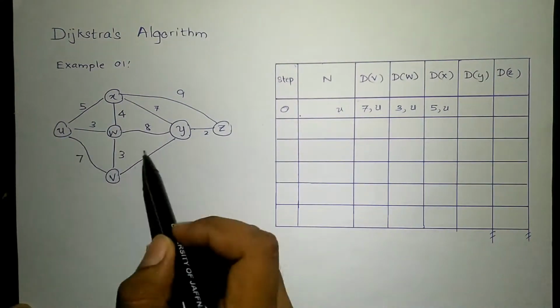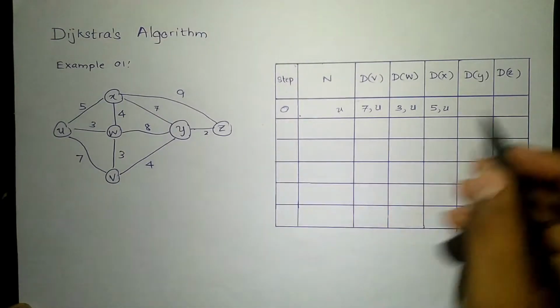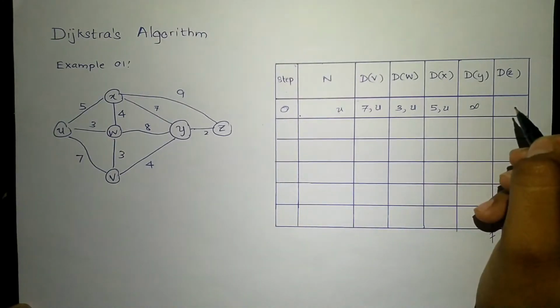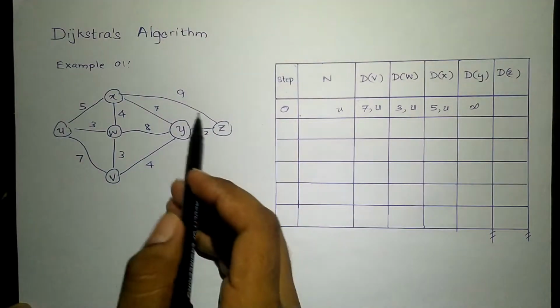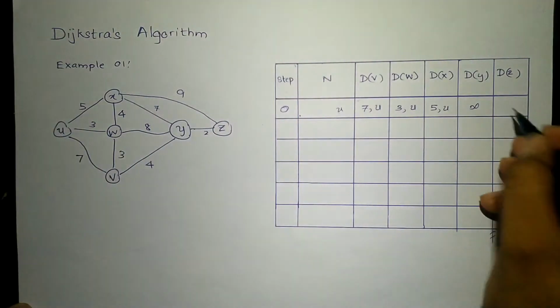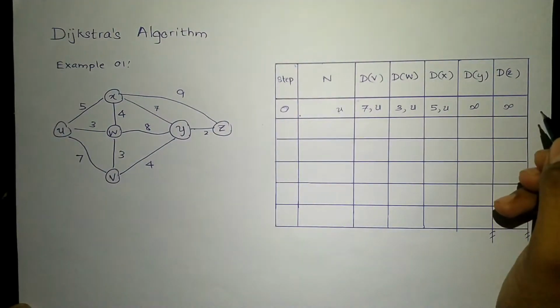So in these cases we write the infinity mark in the table. To Z also there is no connection to U, so here is also the infinity mark.